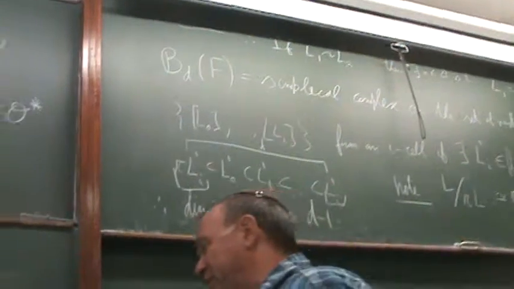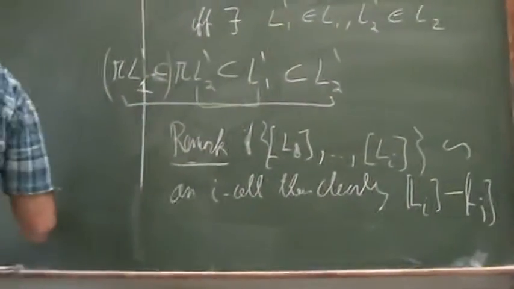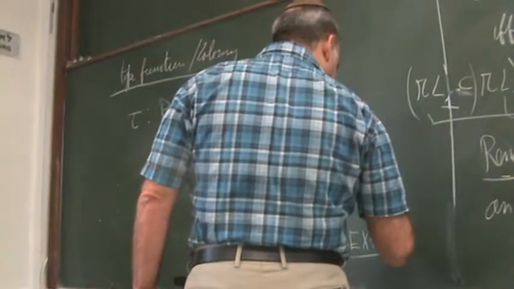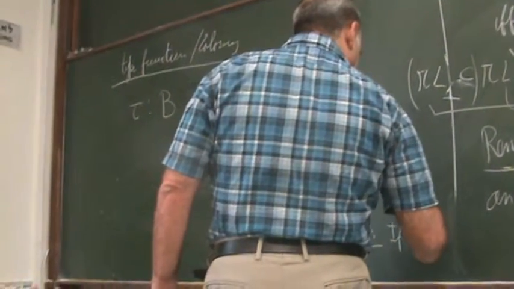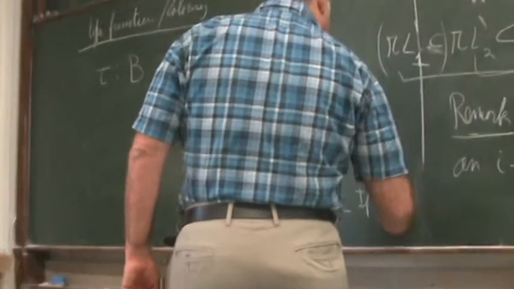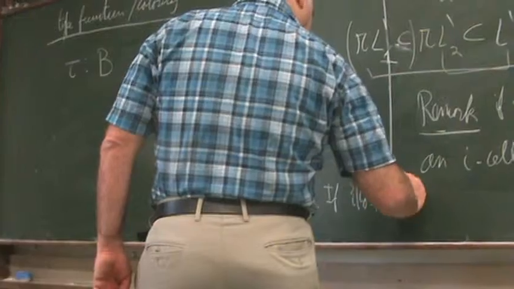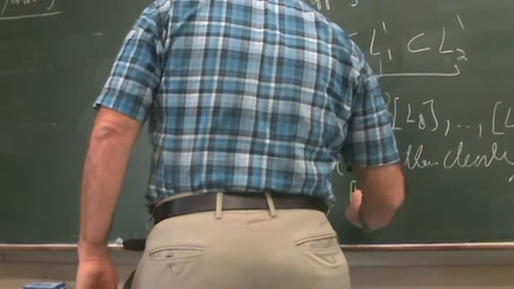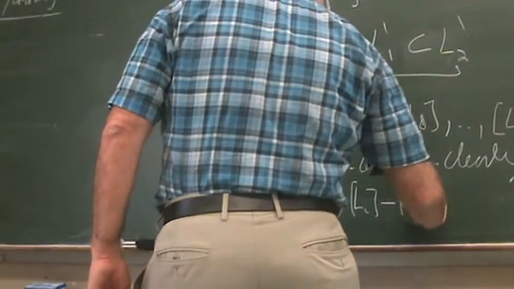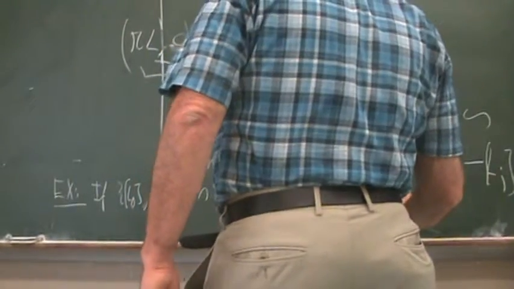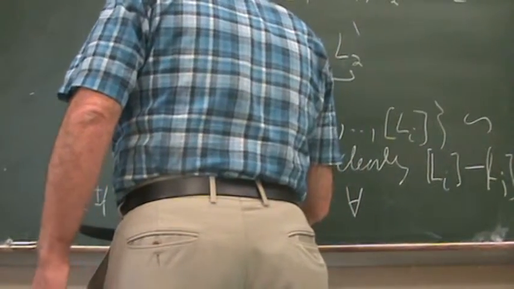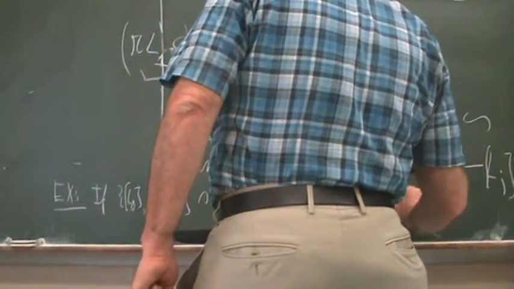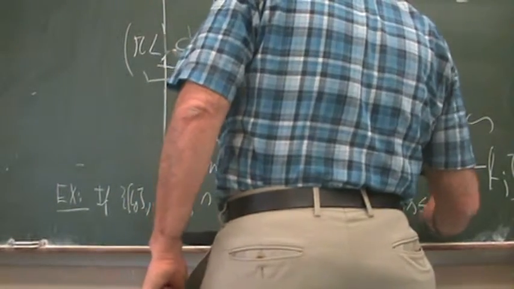The claim is, and this is a less trivial exercise than the other direction, that if L0 up to Li is a set such that Lt is a neighbor of Ls for every t different than s between 0 and i.